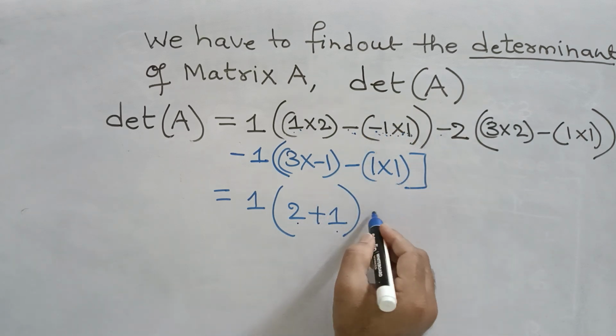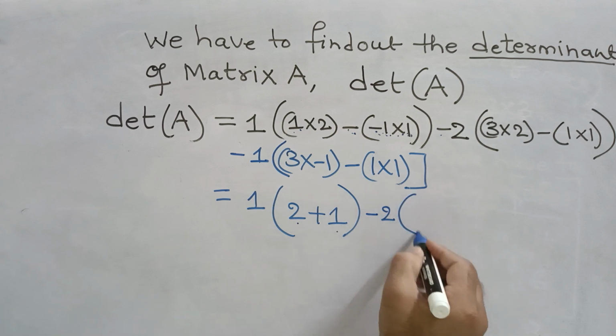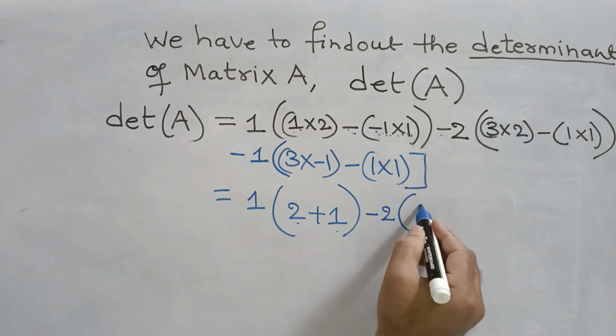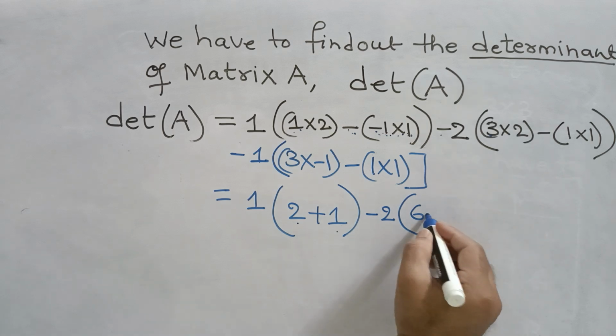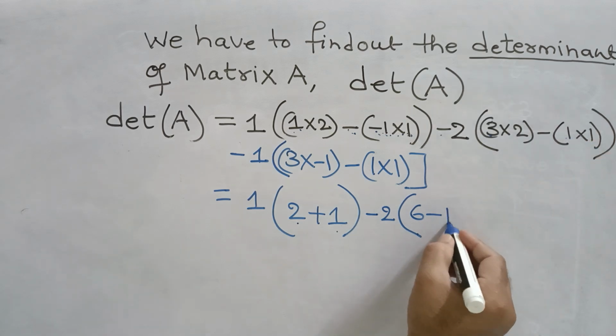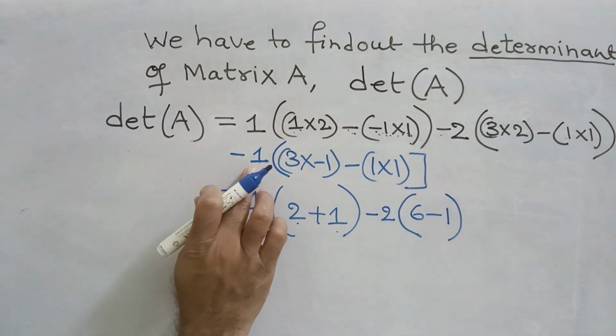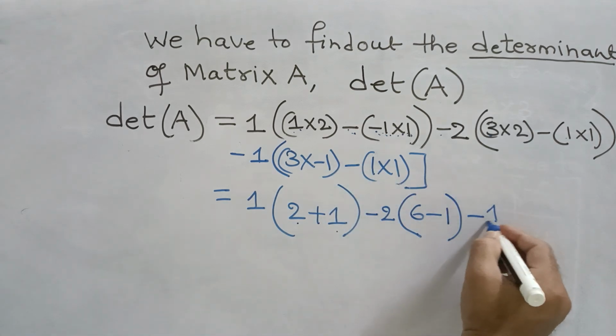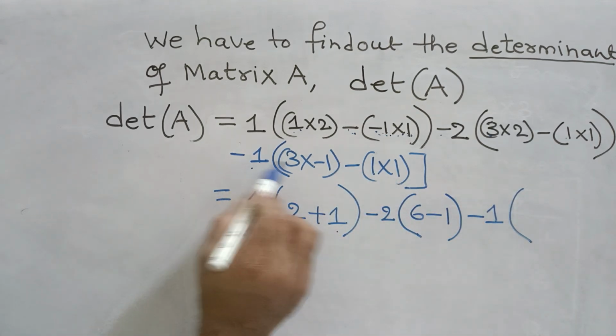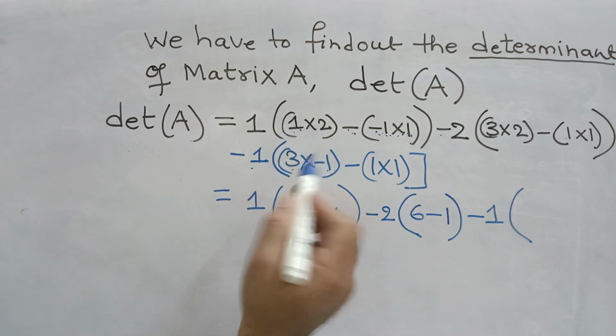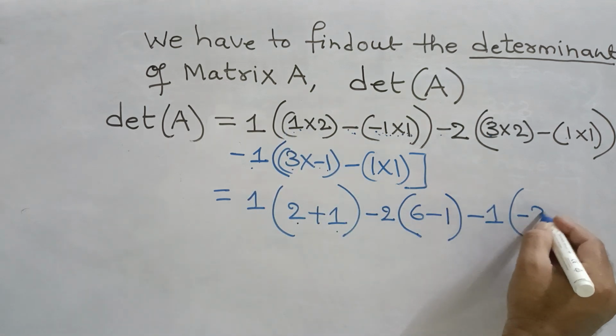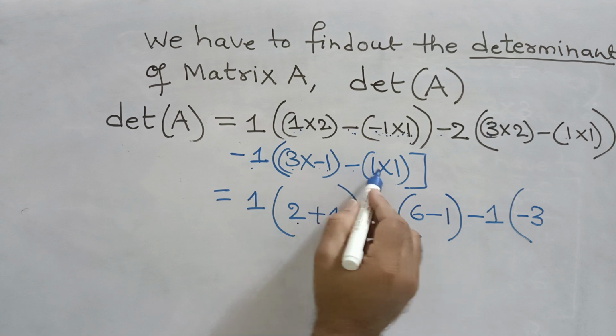And coming to here, that is minus 2 into 3 into 2. How much? It is 6. Then here minus 1 into 1, 1. 6 minus 1. Right? The third one is minus 1. Here minus 1. 3 into 1, 3. Minus is there, therefore minus 3. And then 1 into 1, 1.